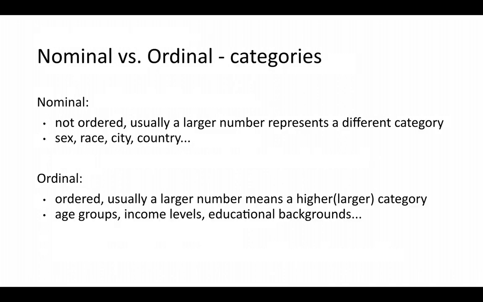Let's talk about the difference between nominal and ordinal. First, they both refer to different categories. For nominal, the categories are not ordered, and usually a larger number just represents a different category. For instance, sex: you have male, female, I'd rather not say.